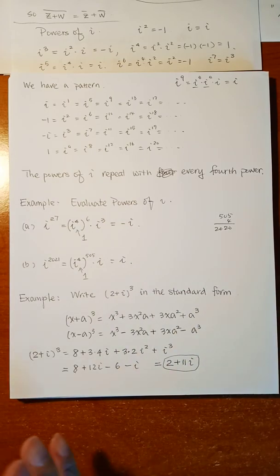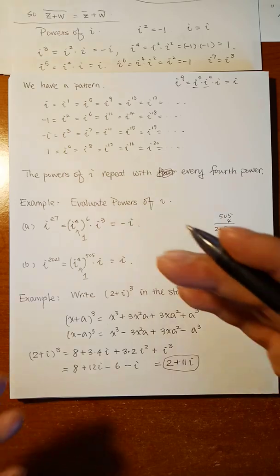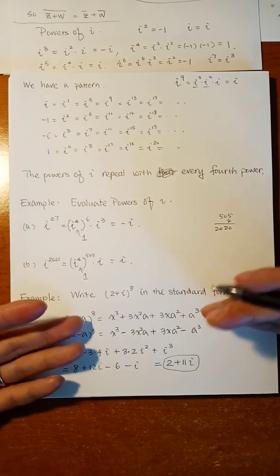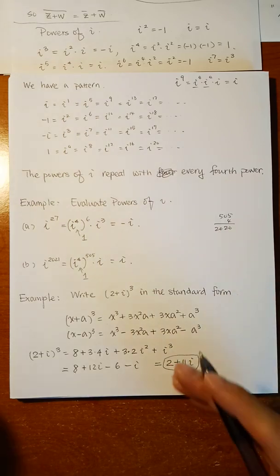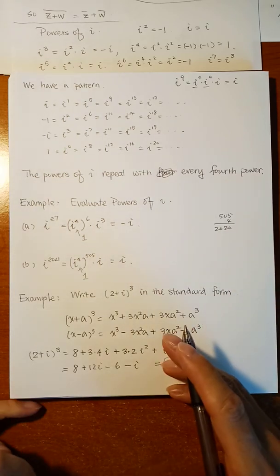So far in this section, we introduced the complex number to solve the equation x squared equals negative 1. That is called the imaginary unit. We write the complex number as a plus bi. Then we studied the addition, subtraction, multiplication, and division of such numbers.